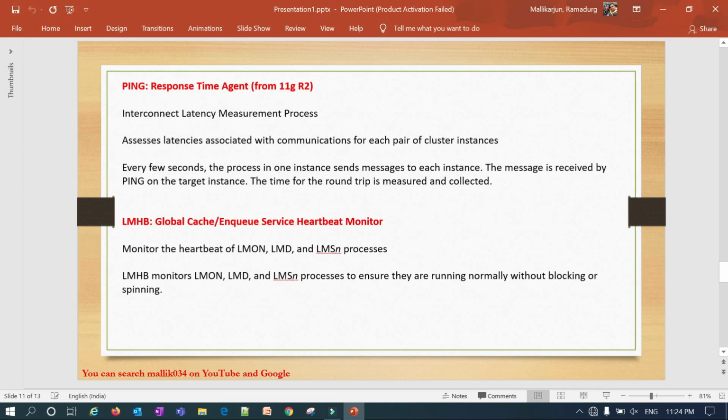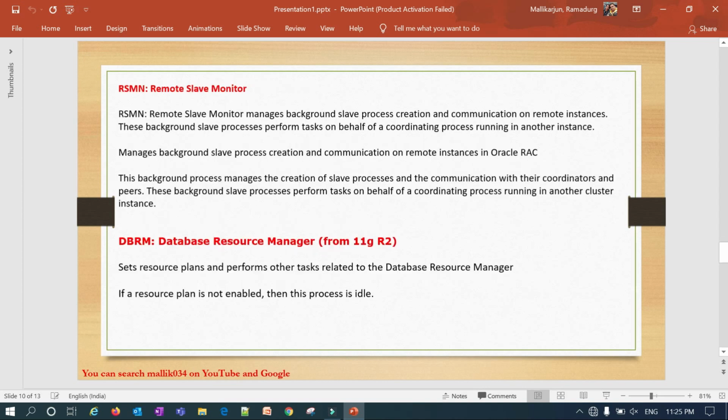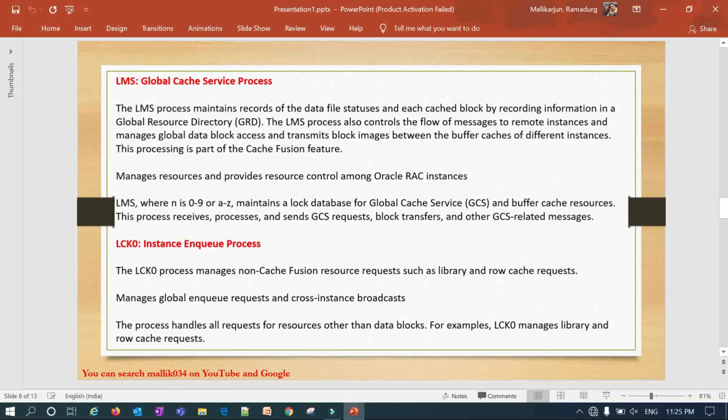So LMHB, the Global Cache Enqueue Service Heartbeat Monitor, monitors the heartbeat of the LMON, LMD and LMS processes, to ensure they are running normally without blocking or spinning. We already know about LMON, LMD and LMS. What is LMS?